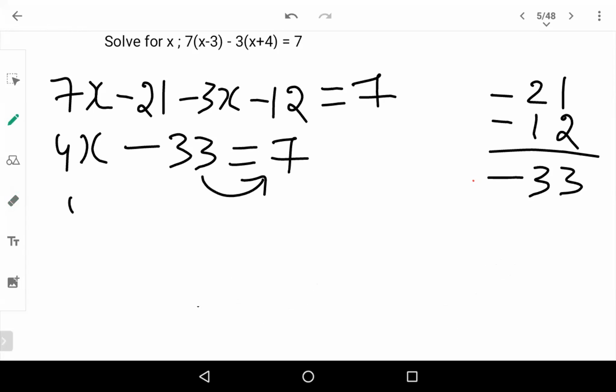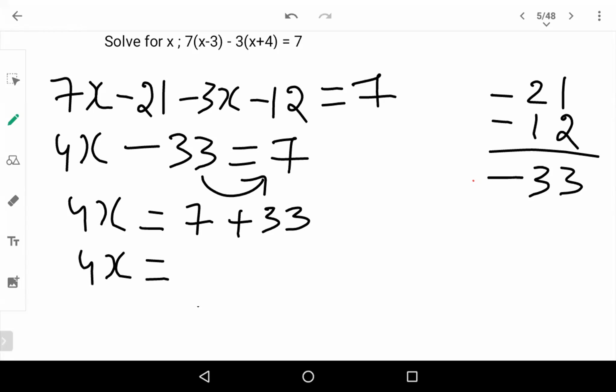So 4x is equal to 7. Minus 33, if I take to the other side of equal to, it is going to become plus 33. Fine. So what do I get? 4x is equal to 7 plus 33, which is 40.